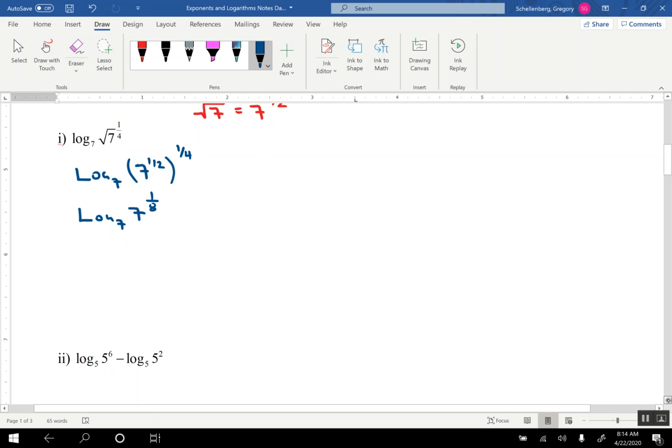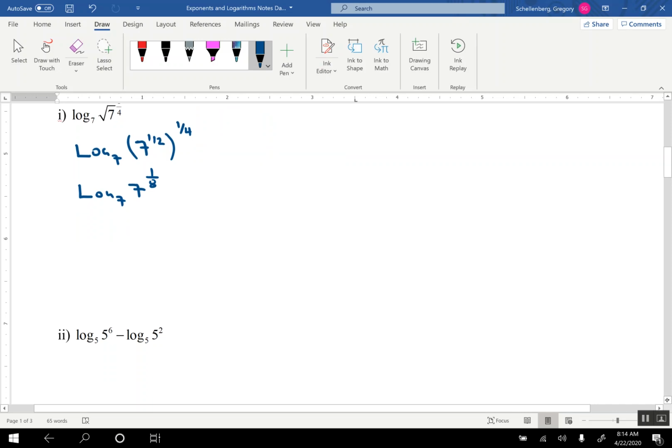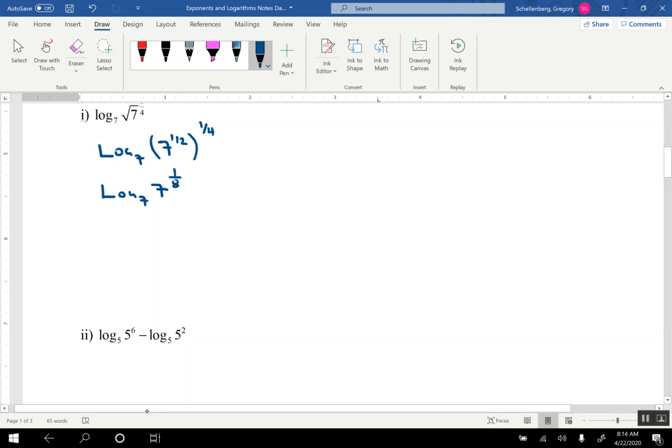Okay, so now we're thinking about this as 7 raised to the power of what is equal to 7 to the power of 1/8. Okay, well, another way to think about this is, let's use power law here. Let's take the exponent of 1/8 and let's move it out in front as a coefficient. So we're going to get 1/8 times log base 7 of 7.